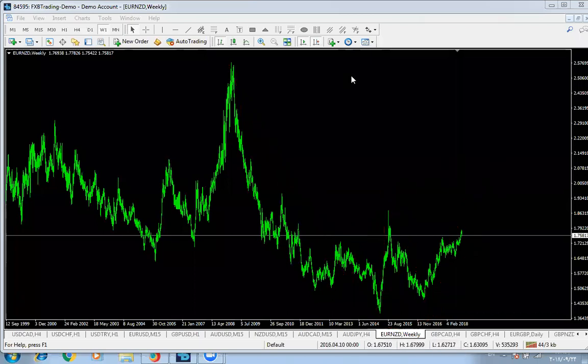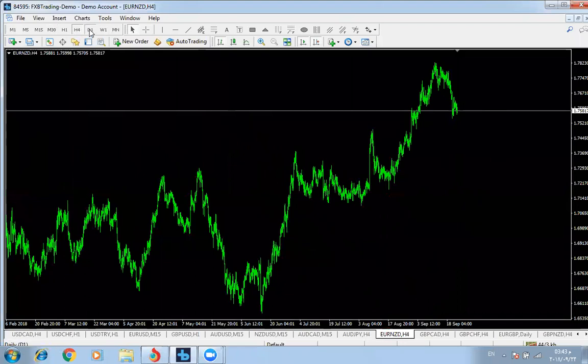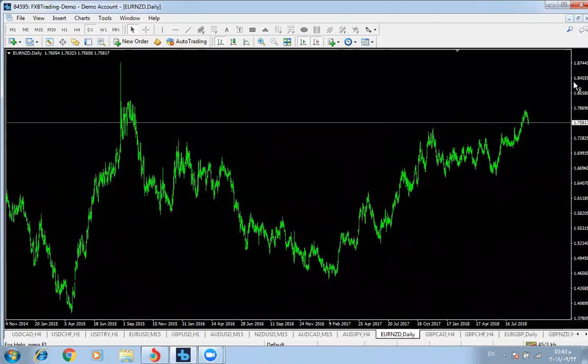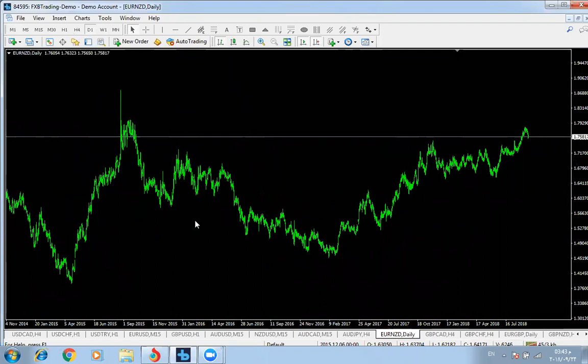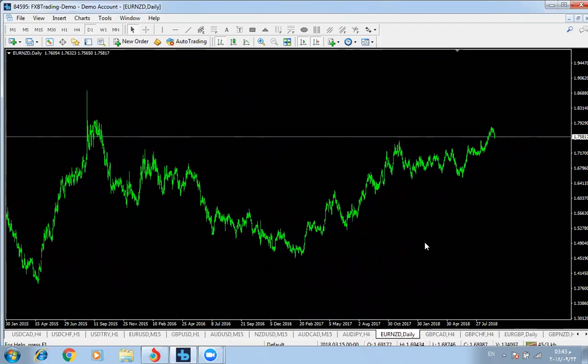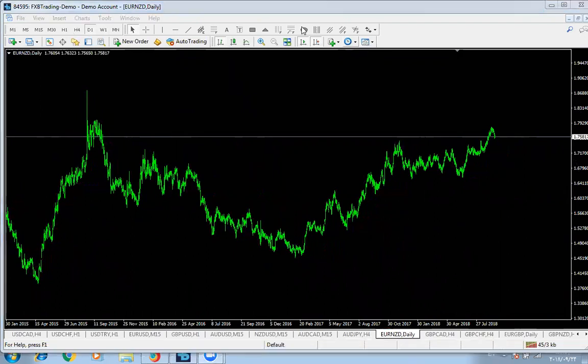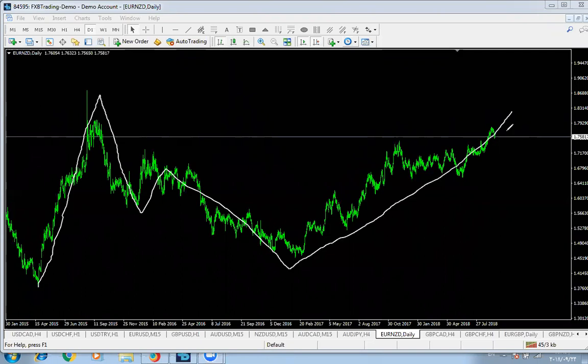Let's go to smaller time frames, daily time frame. As we see, this is our piece of correction. We started with an impulse to the upside from this area, impulse to the upside, then corrective ABC, then we are in impulse to the upside.